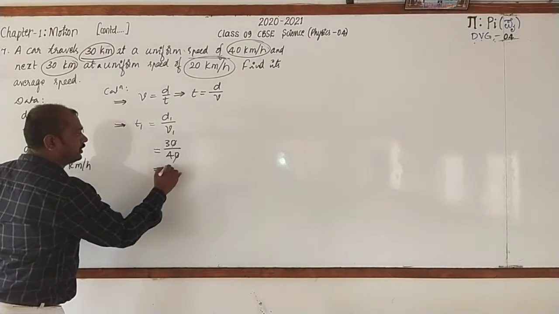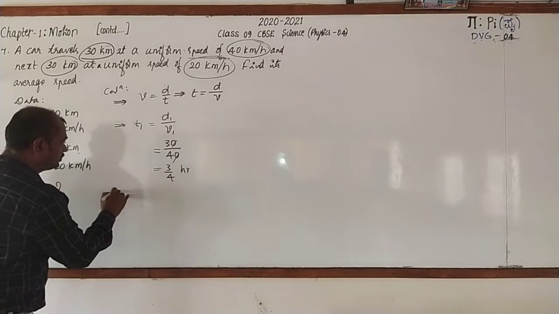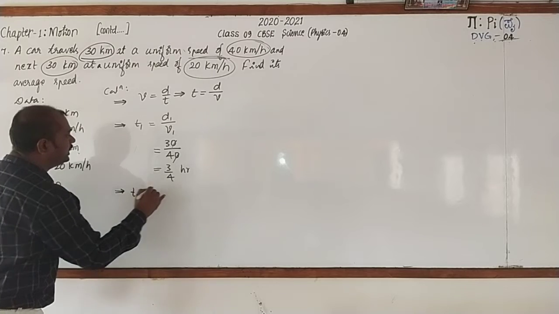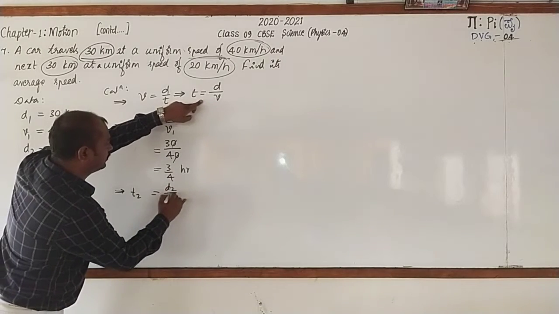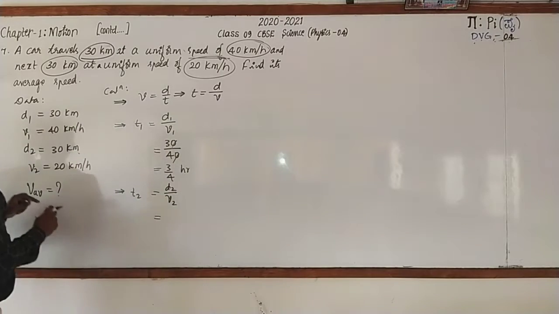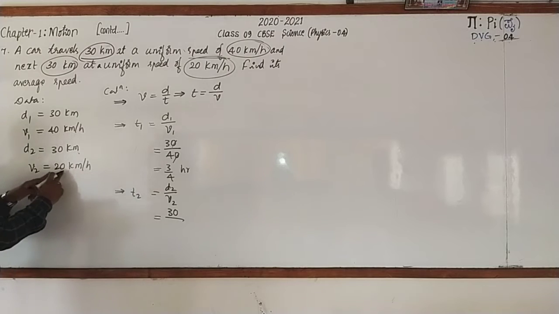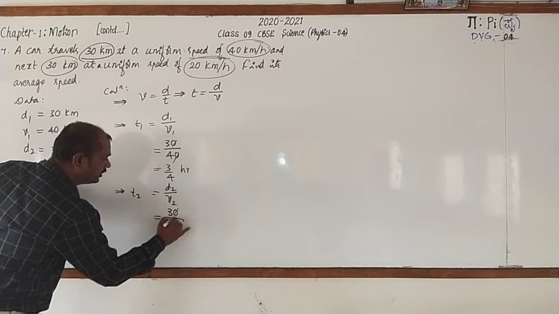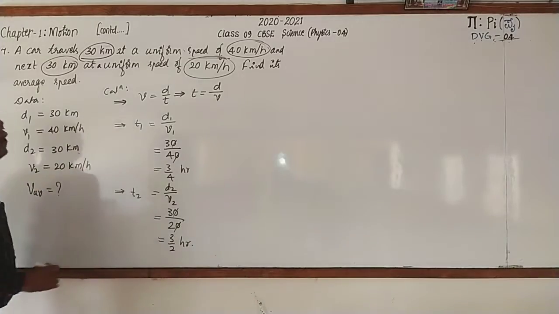It will be 3 by 4 hour. Let us find T2. T2 is equal to D2 by V2. What is D2? It is again 30 km and V2 is 20 km per hour. The zeros get cancelled. It is 3 by 2 hour.